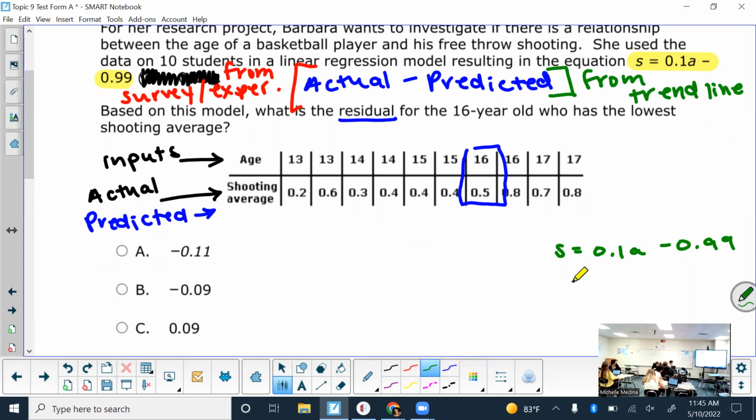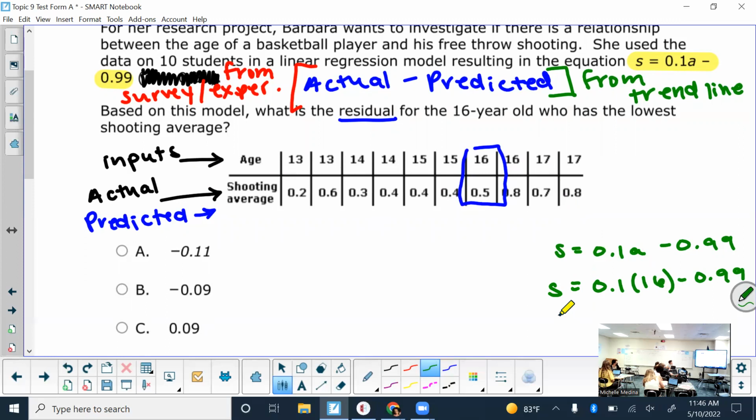You're close. Well, the 0.5 is my actual value. To find my predicted value for someone who is 16, I plug in 16 into the A, because A is for age, S is for shooting average. We want the predicted value for someone who's 16.